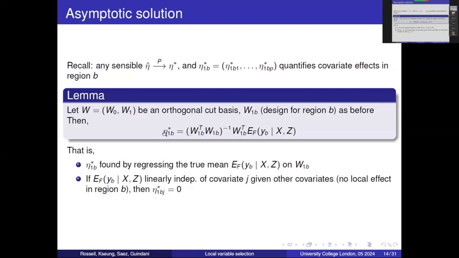This is exactly what this is for linear association. So this is telling us that the asymptotic solution will have zeros when a local covariate effect is not present. We're gonna have a zero in this eta star. Okay, so we're in good shape.